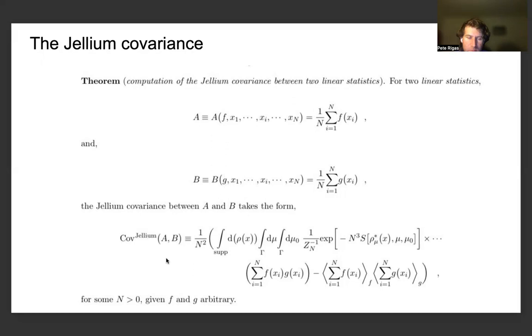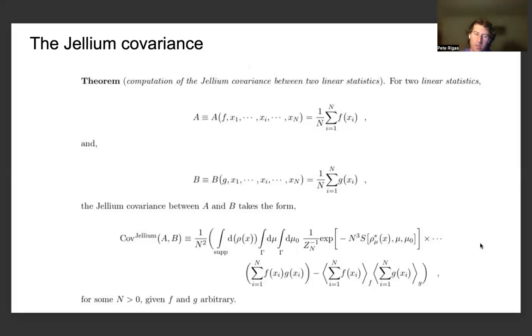And the Jellium covariance between A and B is given by the reciprocal of n squared times the integral against the support of d rho of x times the terms with respect to d mu and d mu naught that we introduced in the previous slide when approximating the probability measure script p on the linear statistic, as well as multiplying the values of f of xi and g of xi over the summation from i equals 1 to n, and finally subtracting the expected value with respect to f and with respect to g.